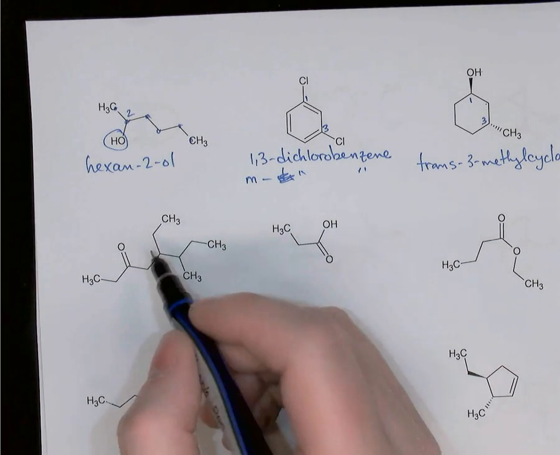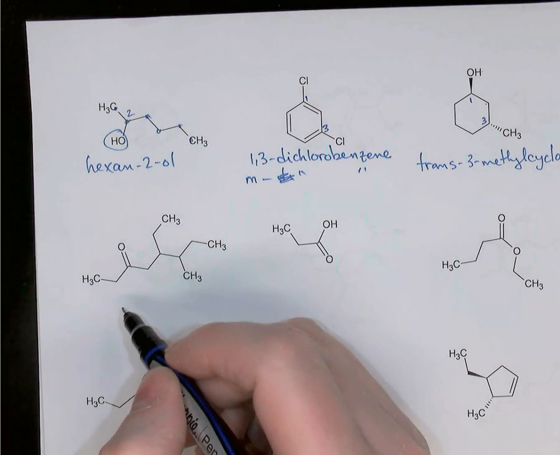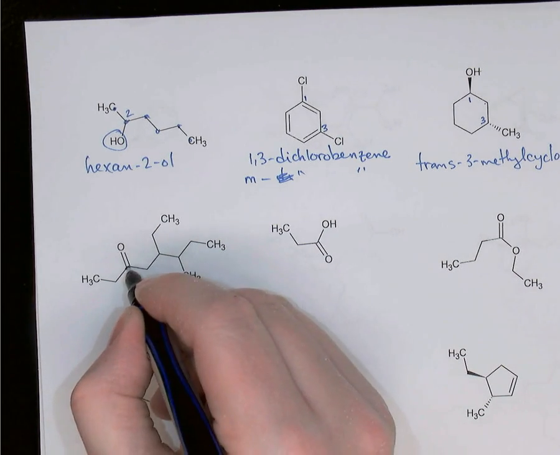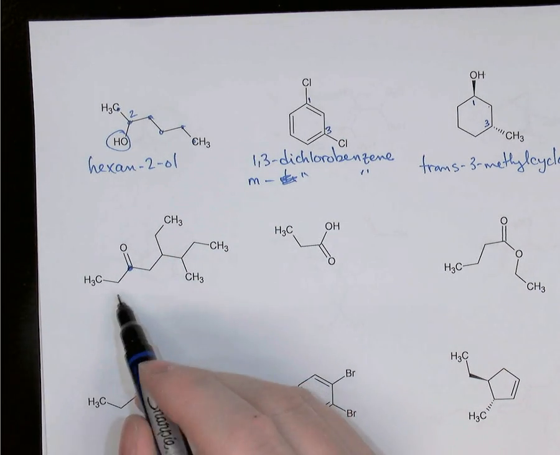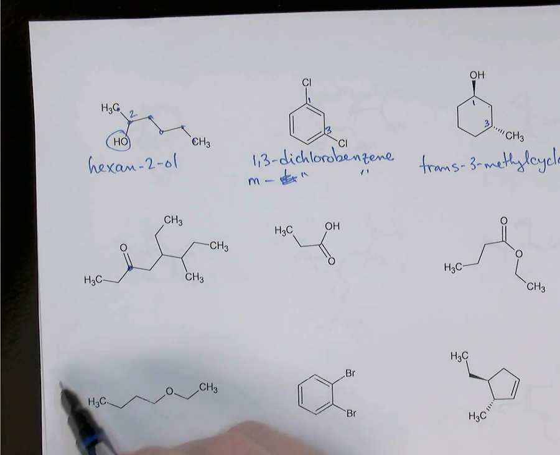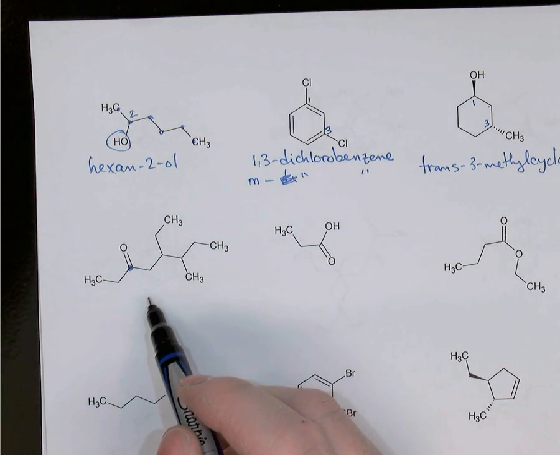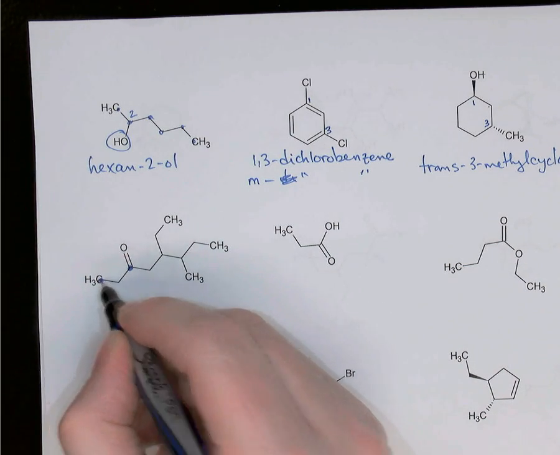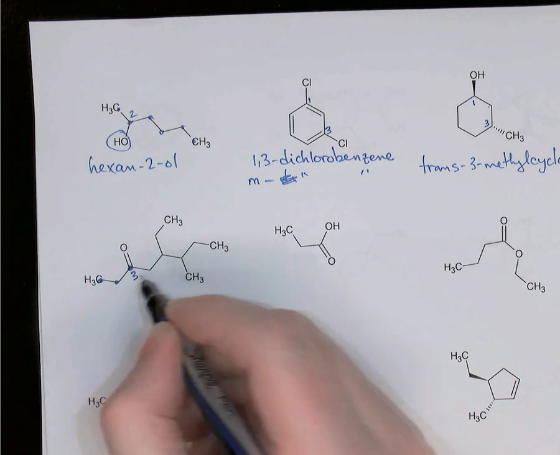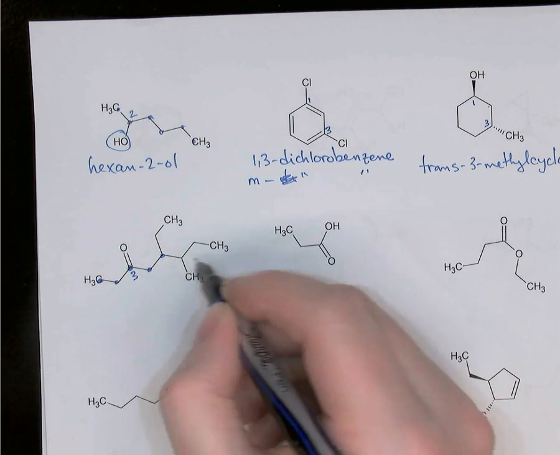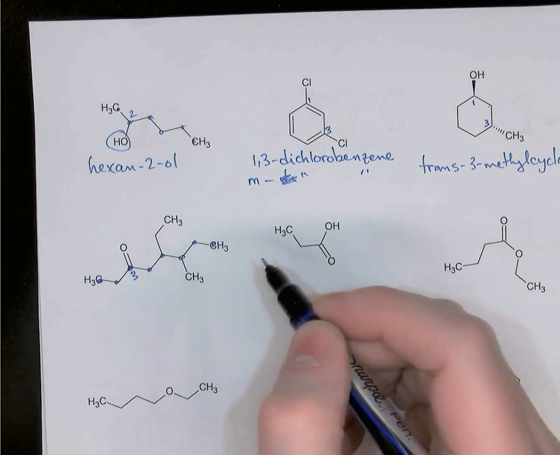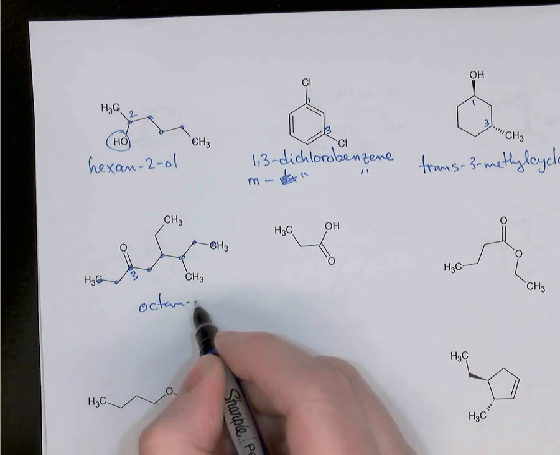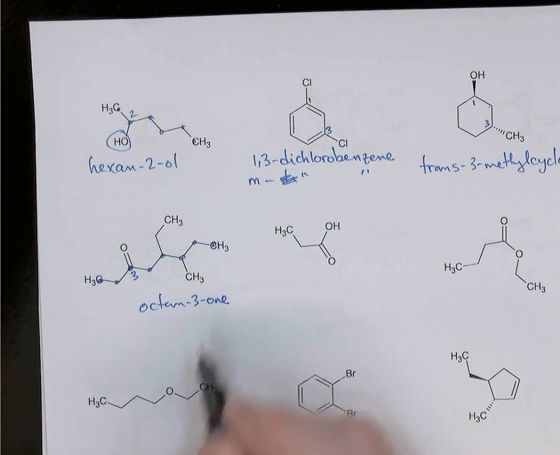Now, for the first time, we're seeing a carbonyl group. C double bond O, and it's in the middle of a chain. It's not at the end. So therefore, this is a ketone molecule. First time we've seen this. Carbon 1, 2, 3, 4, 5, 6, 7, 8. So this is an octane 3-one.